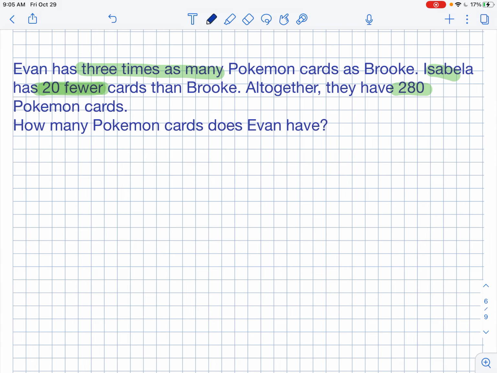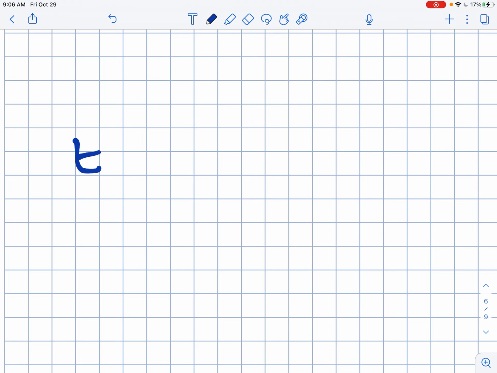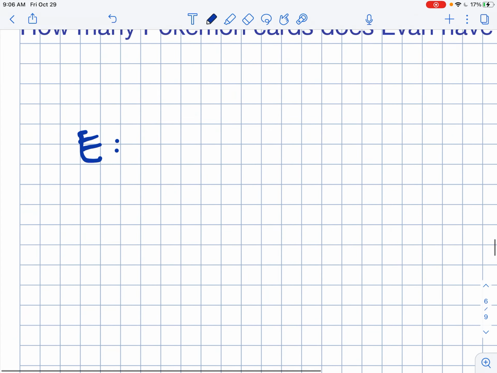I'm going to start drawing with Brooke because I will use that to help me draw Evan's, right? Evan's is 3 times as many as Brooke. So here's an E for Evan. It's a messy E, sorry about that. And B for Brooke.